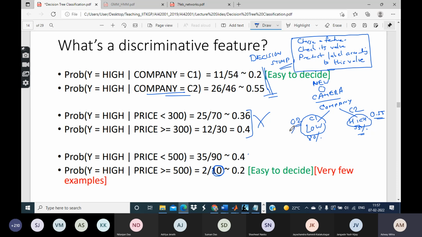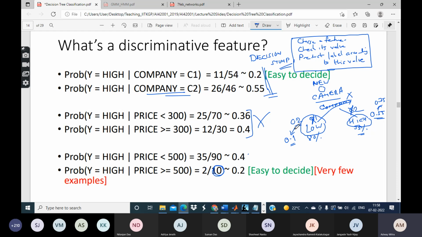Now suppose from 0.2 I can bring it down to 0.1, and this 0.55 I can bring up to 0.75 for a different feature. Suppose instead of company I use some other feature X which has two values x1 and x2.